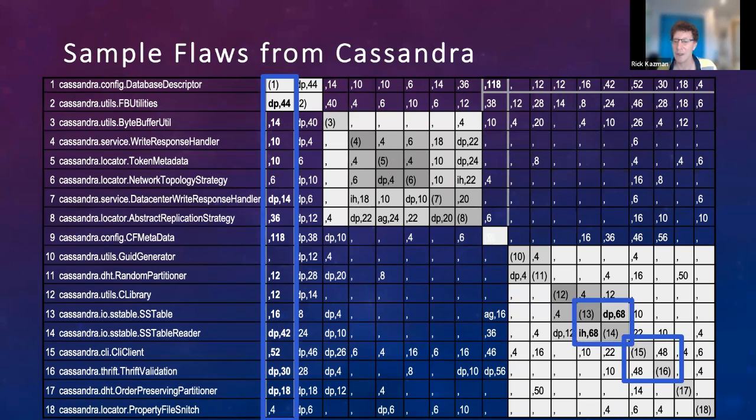So for example, if you look at lines 13 and 14, cassandra.io.sstable and sstable reader. sstable reader inherits from sstable. sstable depends on sstable reader. That's a violation of object-oriented design principles. You should not have the parent class depending on the child class.